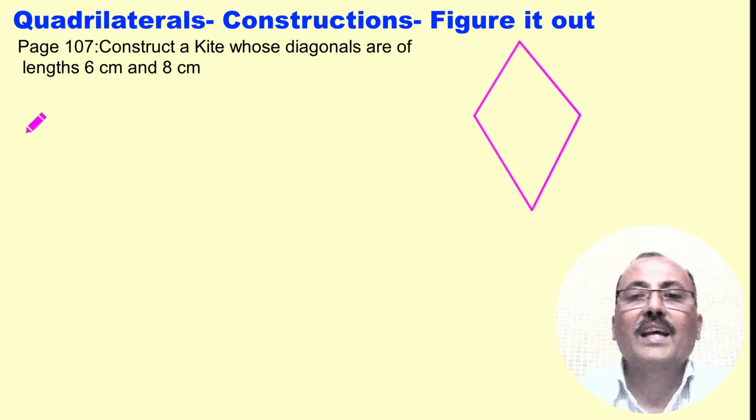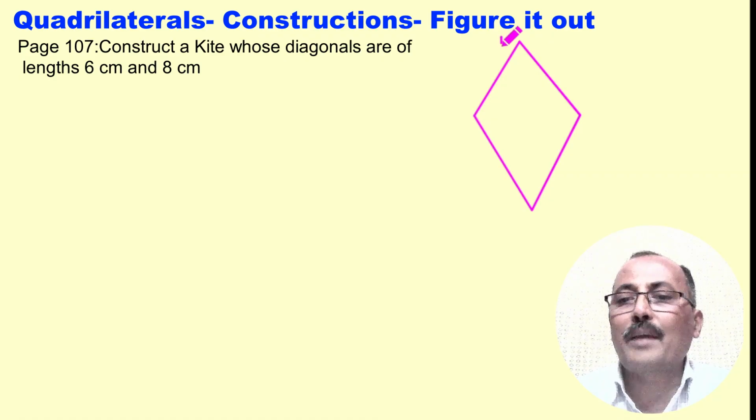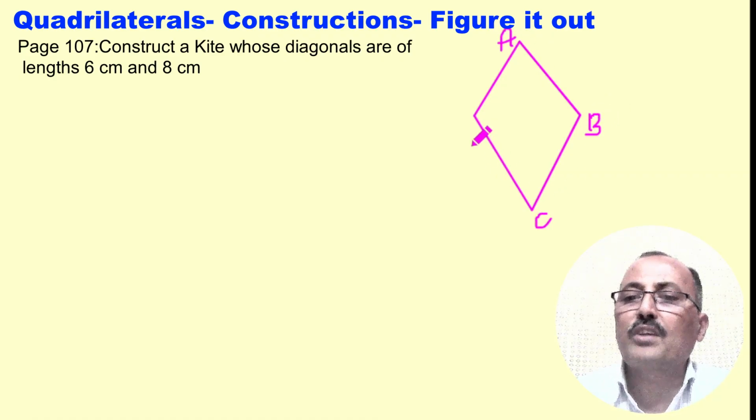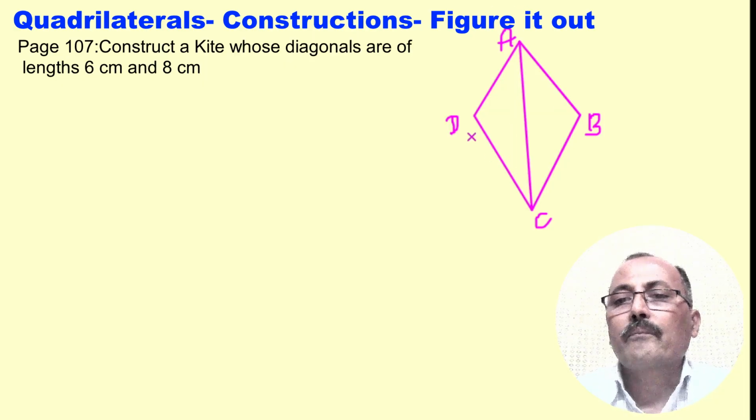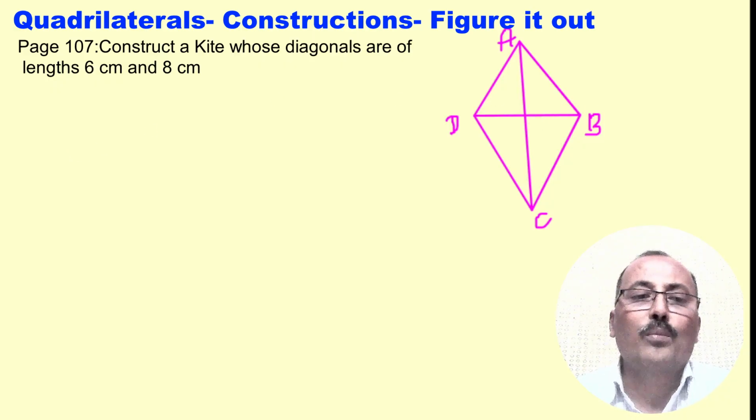Name this one ABCD. Usually I name it ABCD, but you can name it PQRS or DEFG, anything, no problem. And two diagonals are also there, from A to C and D to B. The diagram is a little tilted, no problem.